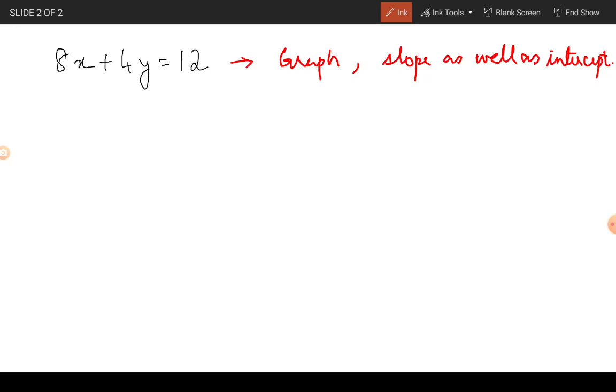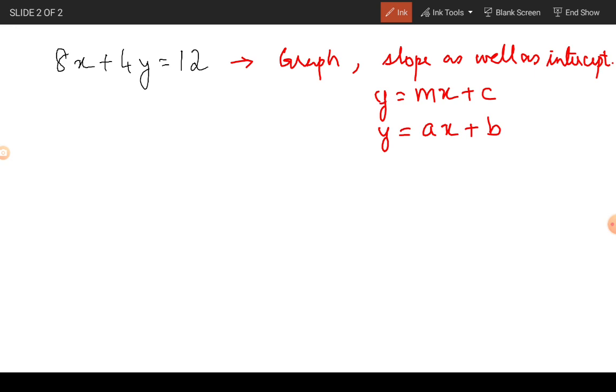If they do not explicitly mention graphing, you can simply convert this into the slope-intercept form. Slope-intercept form is y equals mx plus c, or some books write it as y equals ax plus b. Both of them mean the same thing.